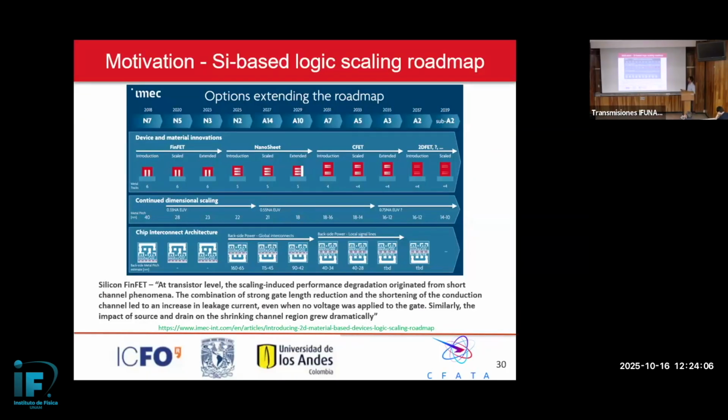So this is a roadmap from IMEC. I don't know if you guys are familiar with what IMEC is. IMEC is a semiconductor company that has very aggressive policies. I mean, they are going towards other kinds of semiconductors other than silicon.